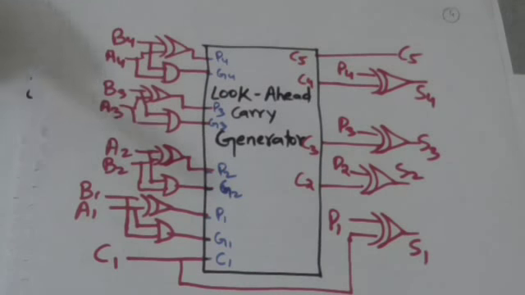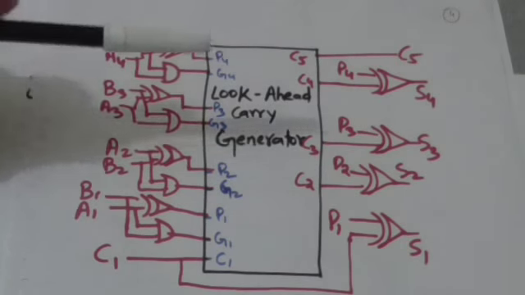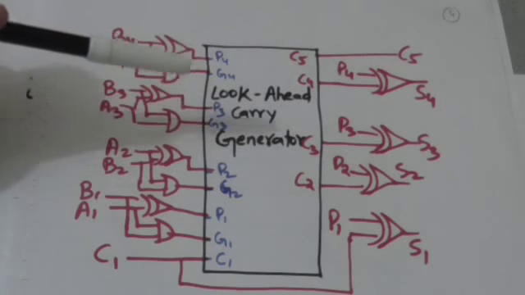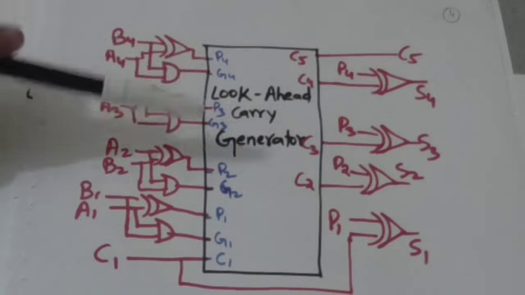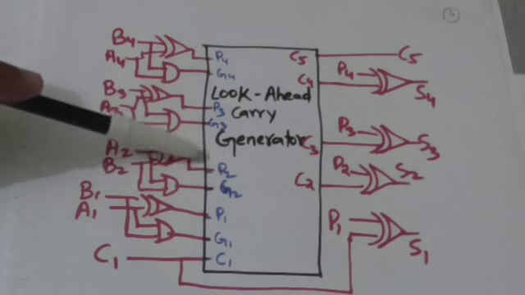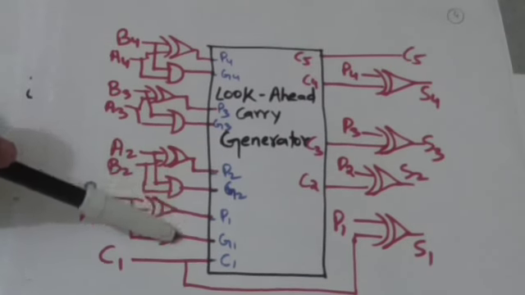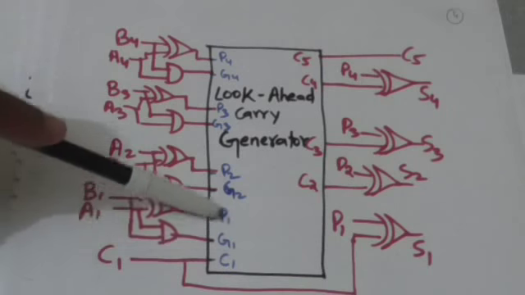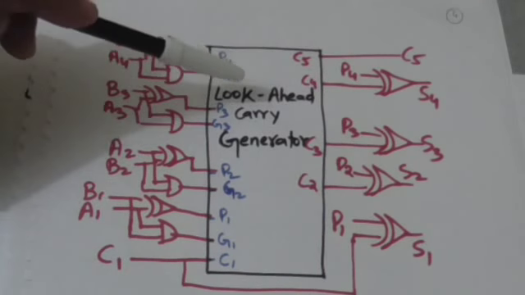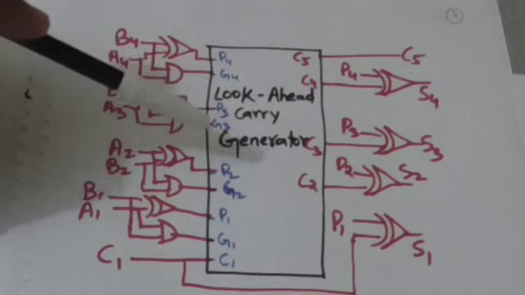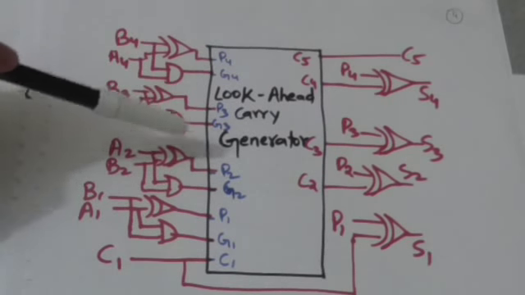Now, as I have told earlier, how Pi and Gi are produced, right? Now these are the input variables of the combinational circuit look ahead carry generator, right?